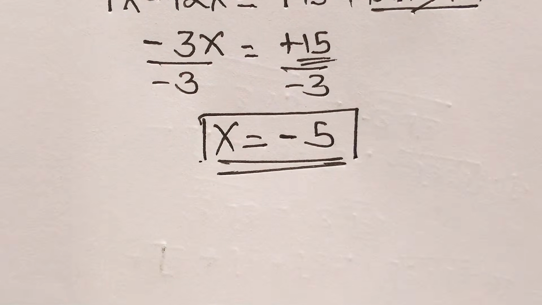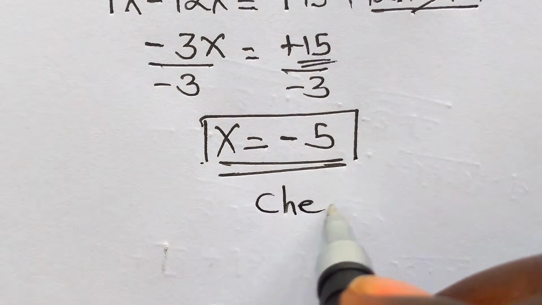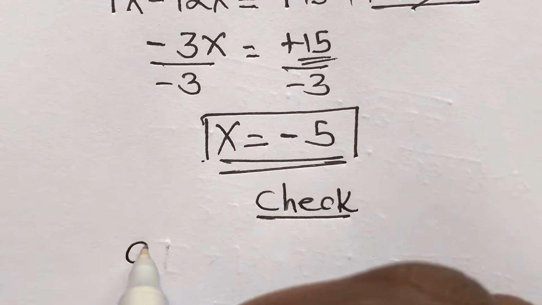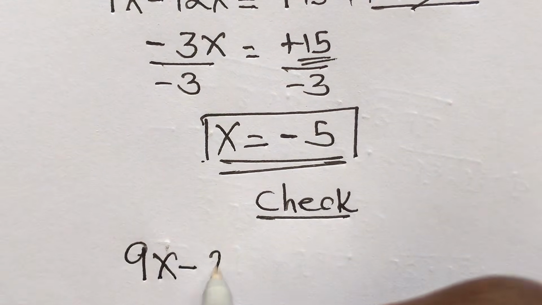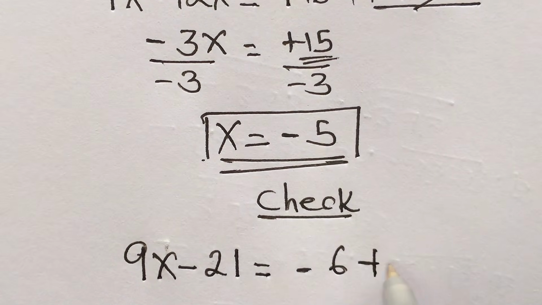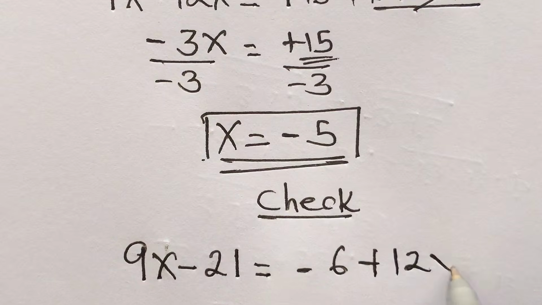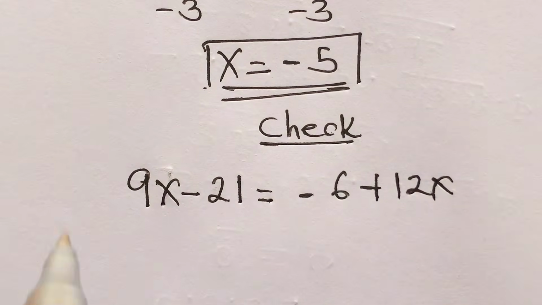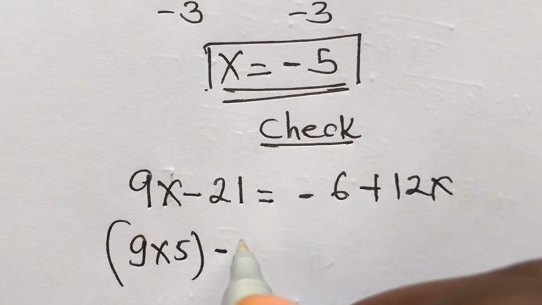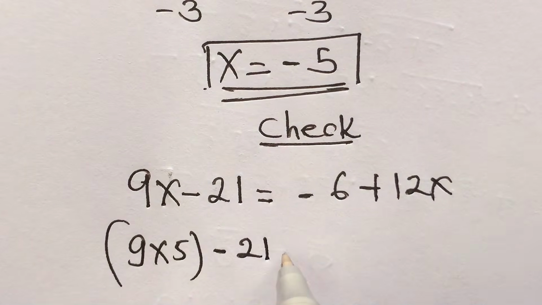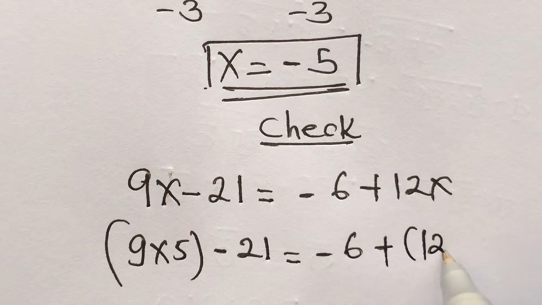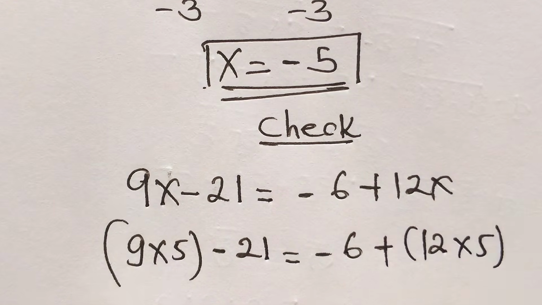And here we can check if the answer is correct, because I was given 9x minus 21, which is equal to negative 6 plus 12x. Here we have 9 times 5 minus 21 equal to negative 6, then plus 12 times 5.